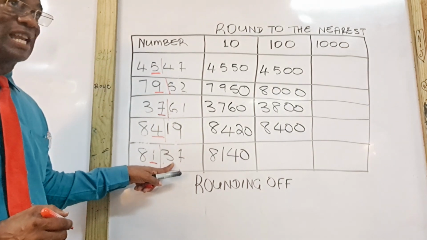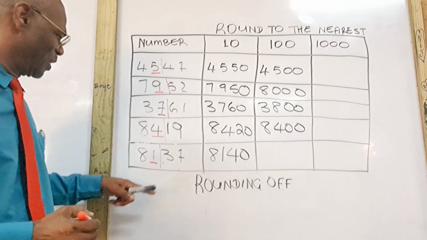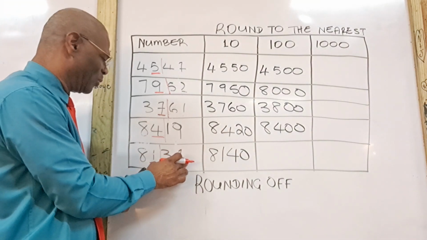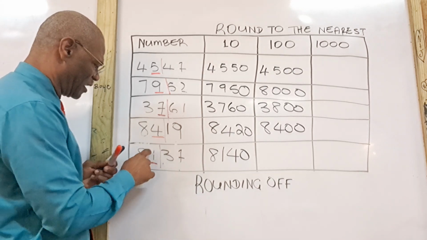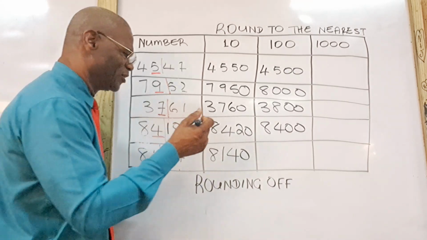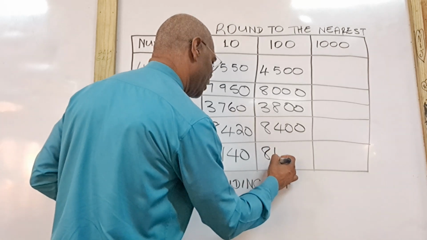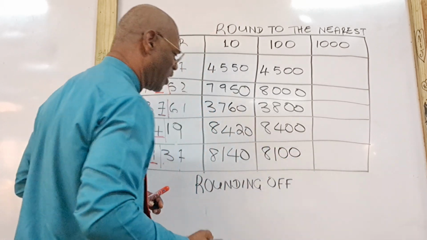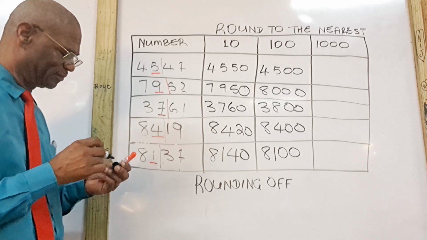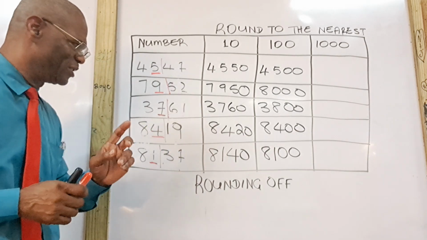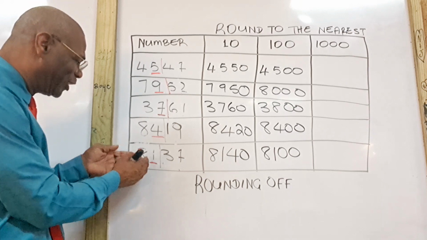Now that digit is less than 5, so we simply discard all the digits to the right of the 1 and add zeros, and we keep this 1 in the hundreds place. So I now have 8,100.